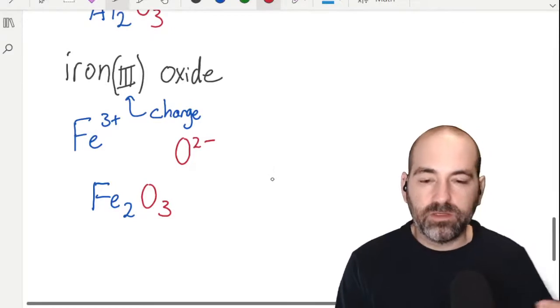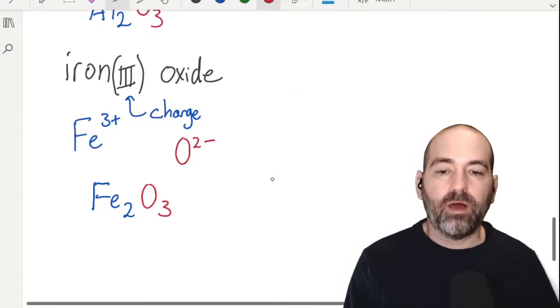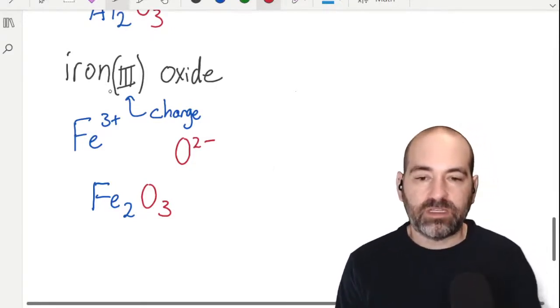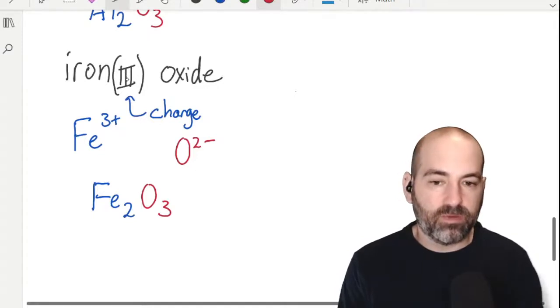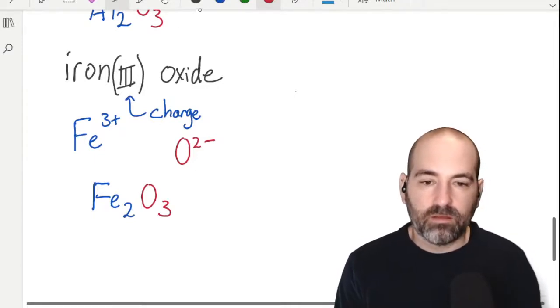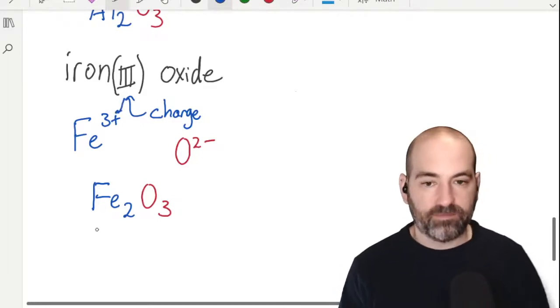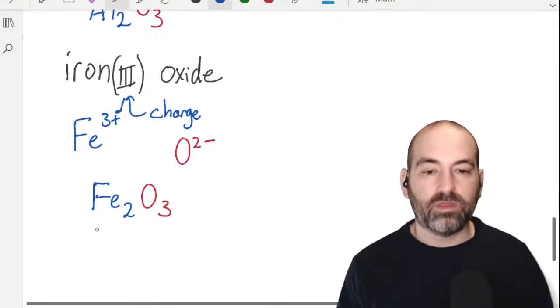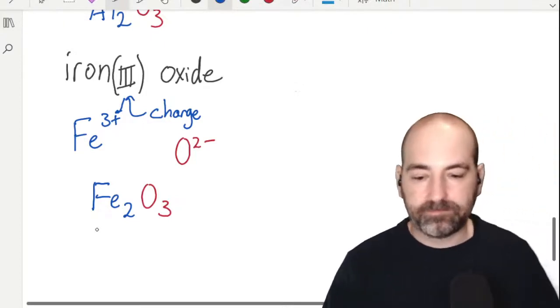All right, so we still do the same kind of balancing, but we just have to get our cation charge from the parentheses. And they're always positive. So all of those elements that you'll see in there will always be positive.